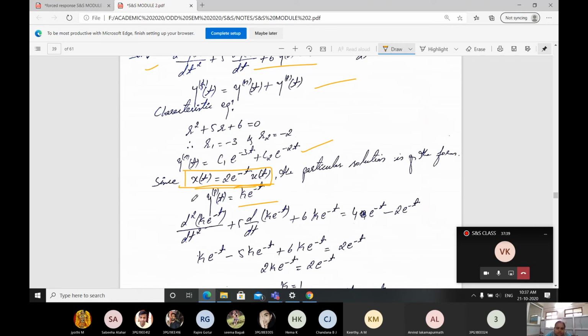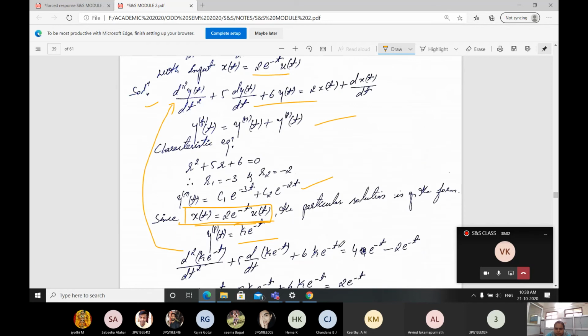Then substitute this particular solution in the given equation, that is d square of k into e raised to minus t divided by dt square plus 5 into d divided by dt of k into e raised to minus t plus 6 into k e raised to minus t, that is equal to, substituting for x of t here, 4 into e raised to minus t minus 2 into e raised to minus t after differentiation.